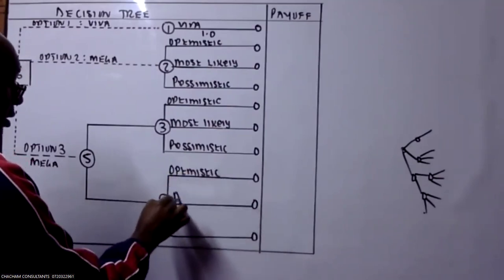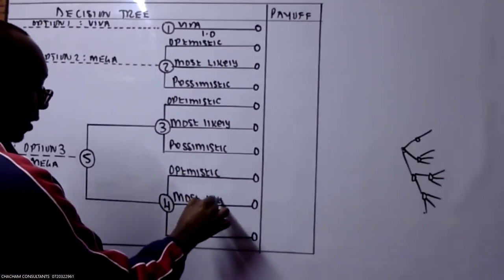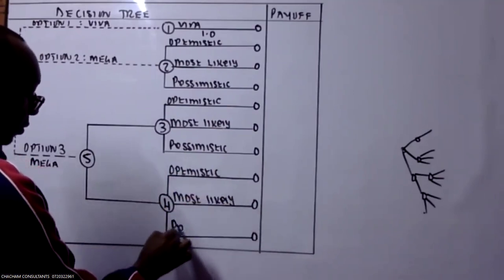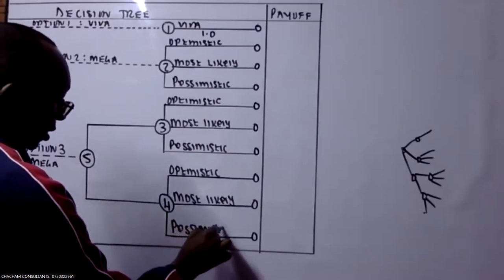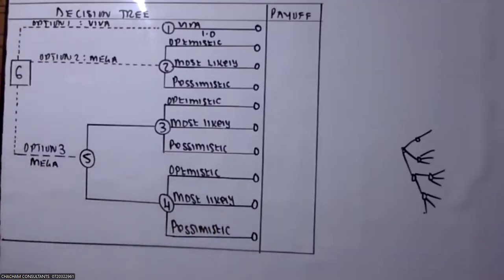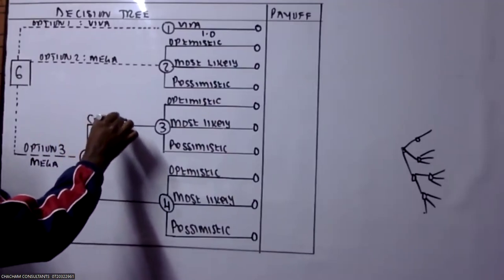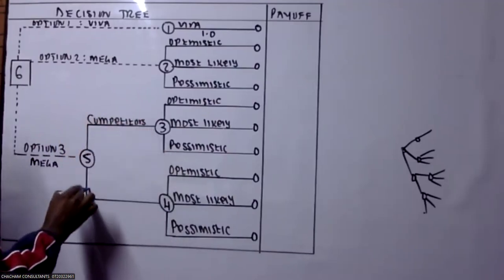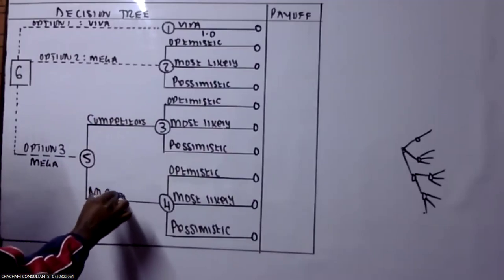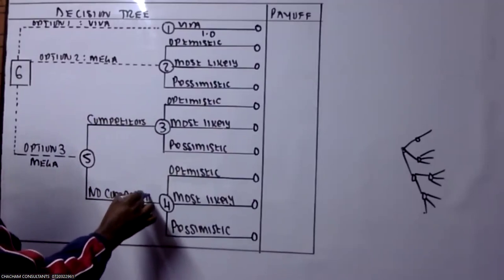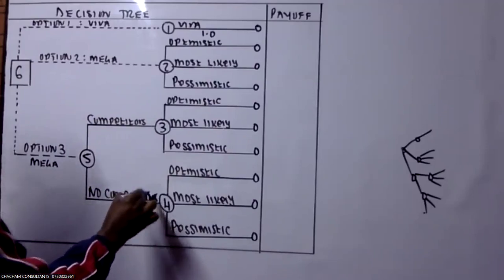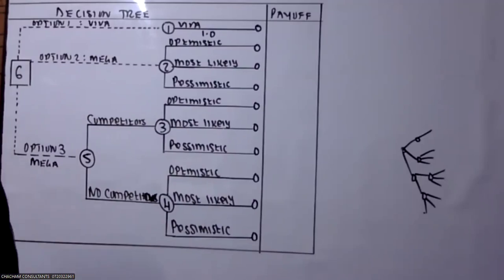Optimistic, most likely, pessimistic. Now this one is competitors, and here no competitors. Competitors and no competitors.